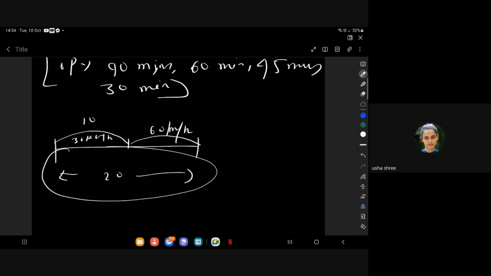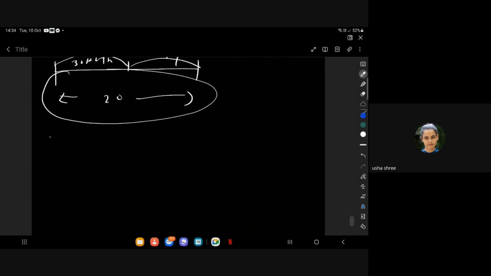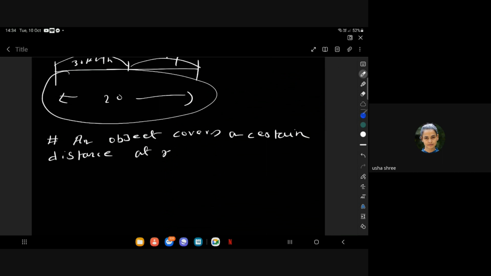See, here there's a concept. Suppose any object, it can be a man also, covers a certain distance at x kilometer per hour, and an equal distance, the same distance, at y kilometer per hour.